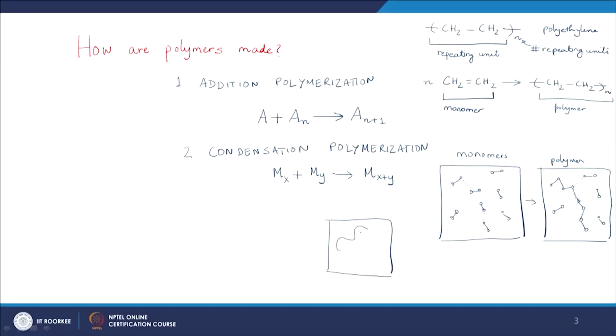So at the very end, what you will have is actually a combination of polymer chains, some of them larger, some of them smaller, and it is very difficult to have a constant molecular weight or a constant value of this n.